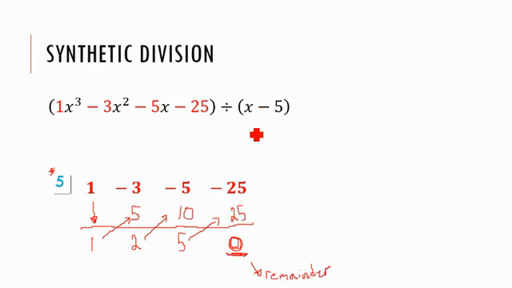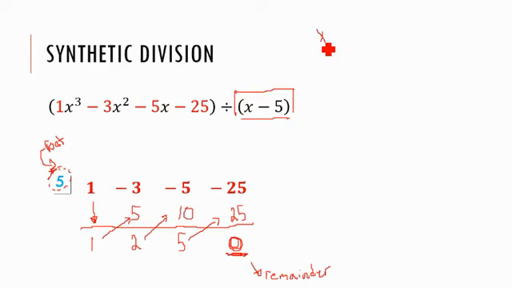So that means 5 is actually a root of the polynomial. So that means 5 is a root, and therefore x minus 5 is a factor.